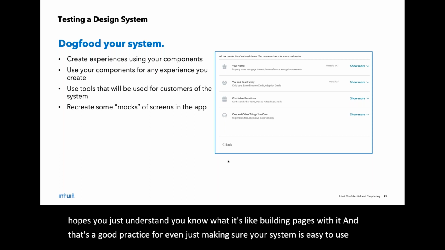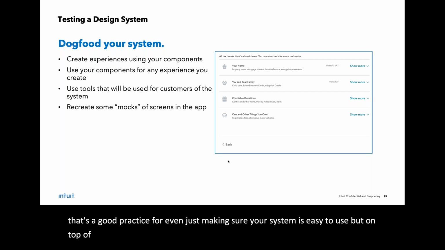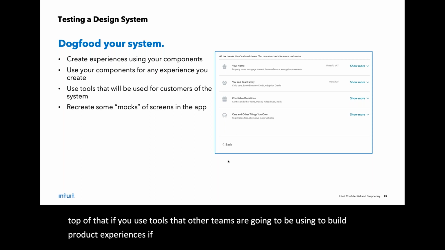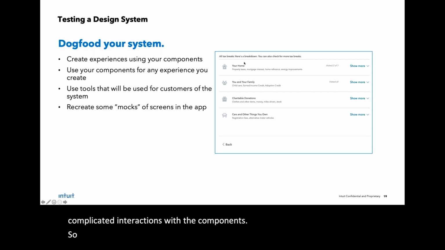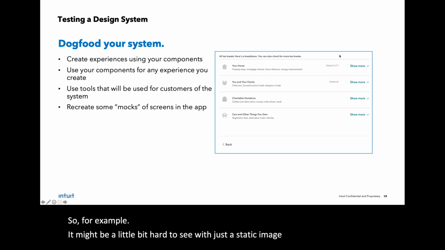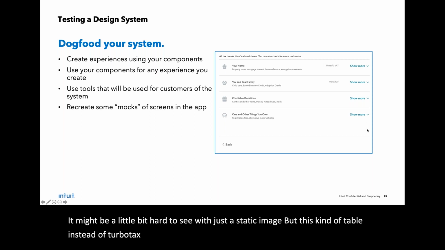But on top of that, if you use tools that other teams are going to be using to build product experiences, if you're recreating mocks, these all help you test more complicated interactions with the components. So, for example, it might be a little bit hard to see with just a static image, but this kind of table inside of TurboTax actually slides down and expands.